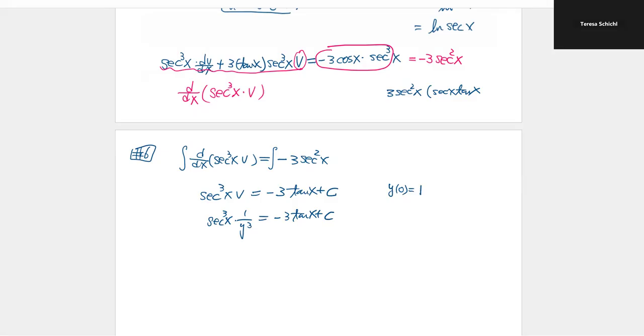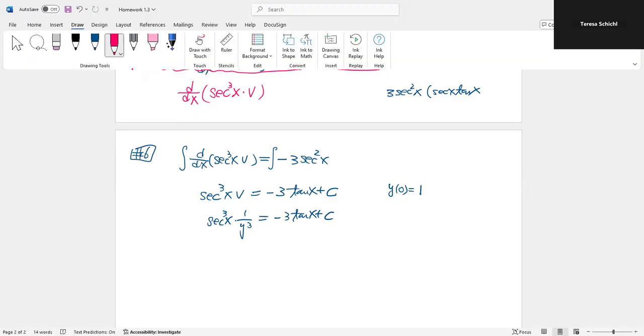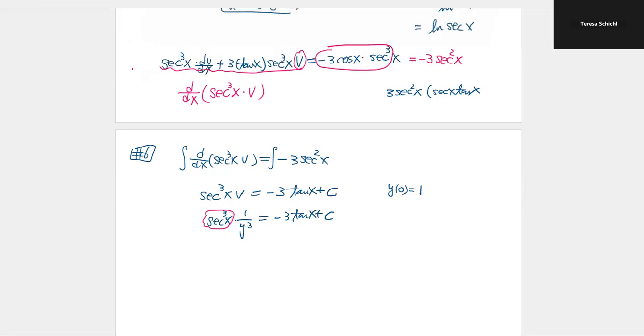Let's take a look at y(0). Secant 0 cubed is equal to 1, so it's 1 times 1 is equal to, and when you put x equal to 0 here, the tangent x is 0, so it's equal to c. So that's how we find c is equal to 1.